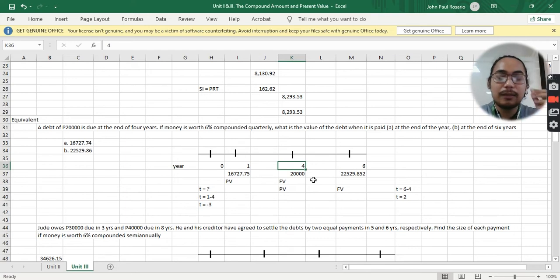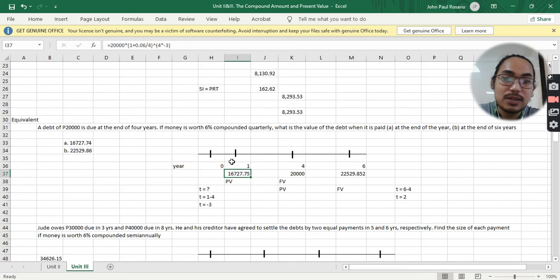You are 4 years from now in that situation, and you are asked how much you should pay if you pay the debt 1 year from now, not 4 years from now. So at year 1, the value is unknown. It was just solved directly, but this should have been unknown first, and I'll be showing you later on how I solved for that.